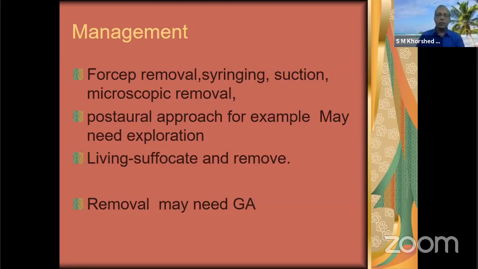If you pull it outwards, it goes more inwards. I have experience, and a lot of ENT surgeons have experience, of removing this pedi from the middle ear and beyond, even from the Eustachian tube by exploring. Exploring means by surgical exploration from behind.